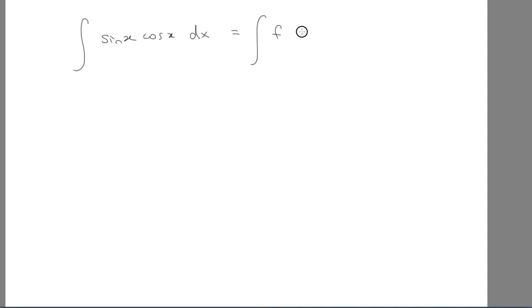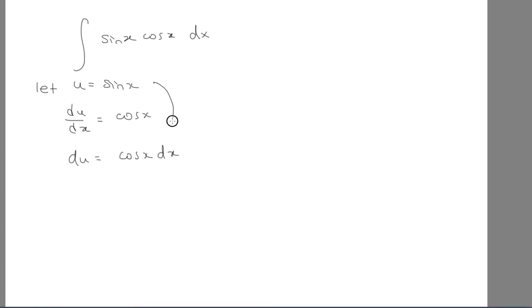So what you can do is let u equal sine x, and just differentiate it. du dx is equal to cos x. But from now on, I'll actually do it like this. Instead of doing this, I'll go straight to du equals cosine x dx. I'll go straight into that, okay? So I'm going to actually jump from there to there straight away.